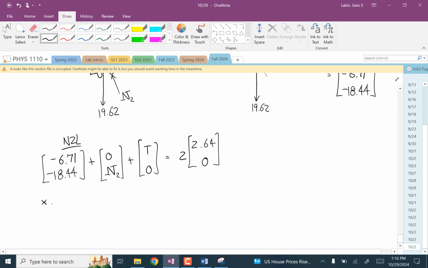And so the x equation says negative 6.71 plus T is equal to 5.28. And so T is equal to, what's that? 11.99, yeah.